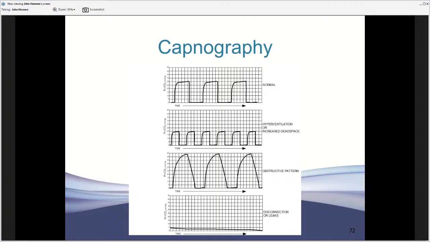I'm going to slow down here for just a second and tell you about a situation I had on an online tutorial session. A student called, wanted to know why a particular question was wrong because he had picked that the patient was hyperventilating because they had an end-tidal CO2 of 5.